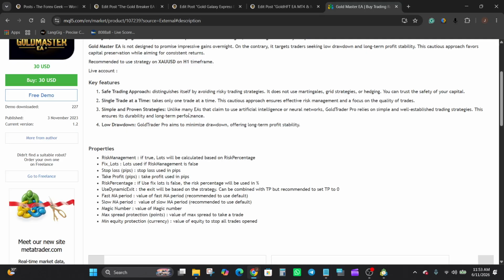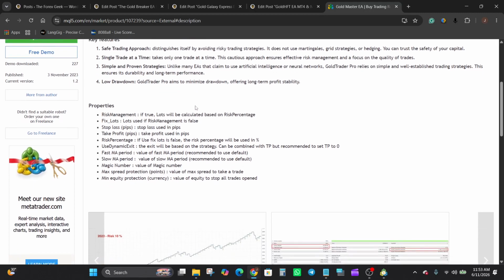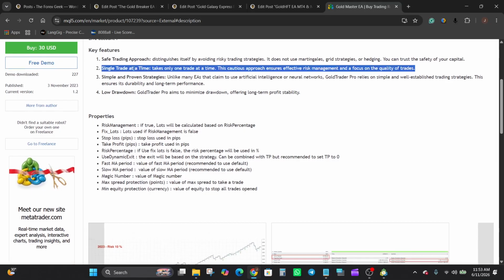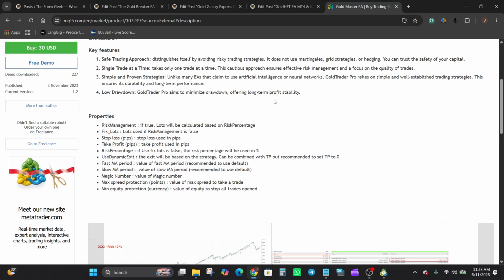Now, moving into the features section, I can see that it only takes one trade at a time. That alone already tells me the system is prioritizing controlled exposure rather than stacking multiple positions in the market.